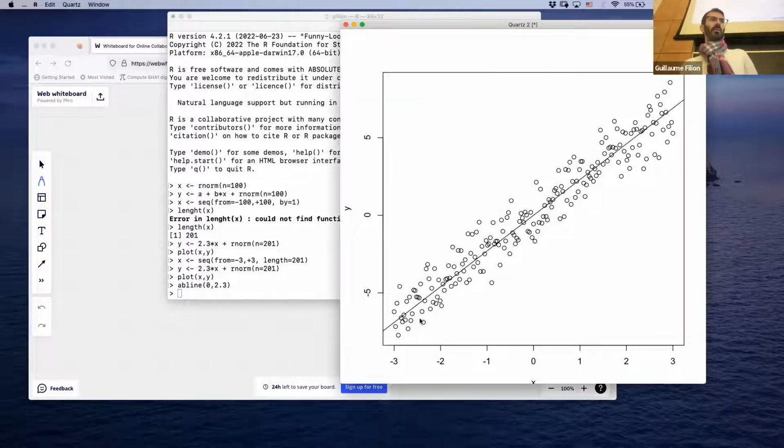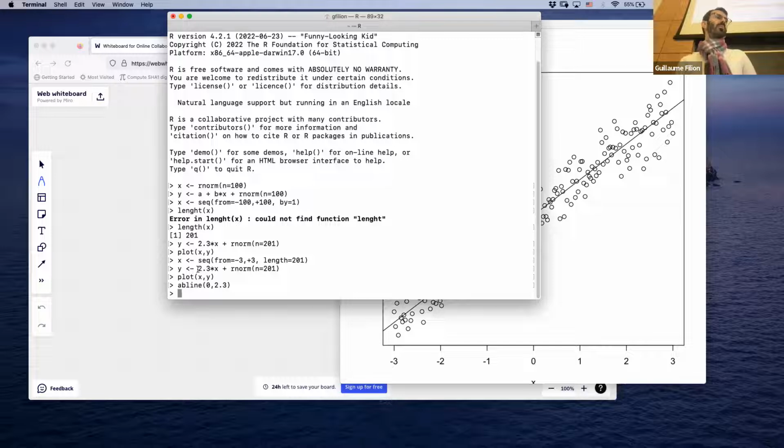So this is the line. This is the relationship between x and y, and vertically, y deviates through a Gaussian random variable. And so the way we're going to solve this problem is to try different values of b here and find the one that corresponds to the maximum likelihood.